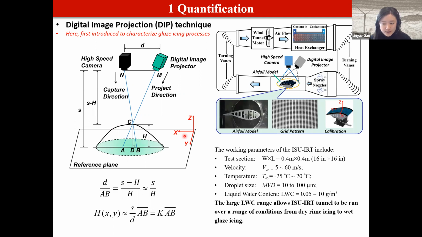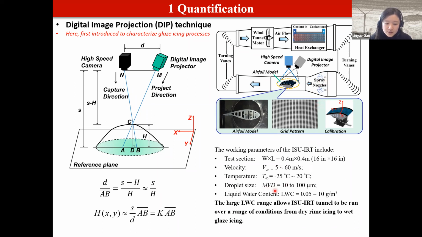Based on it, we conducted a series of experiments at the Icing Research Tunnel at Iowa State University. Here are listed the technical parameters for the icing research tunnel. In comparison to the traditional wind tunnel, we have two additional systems for the icing wind tunnel. The first one is the spray system, so we can use it to generate the droplets.